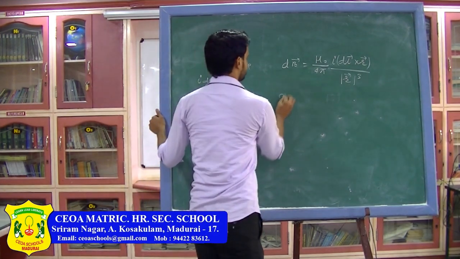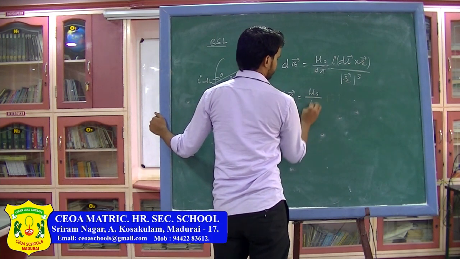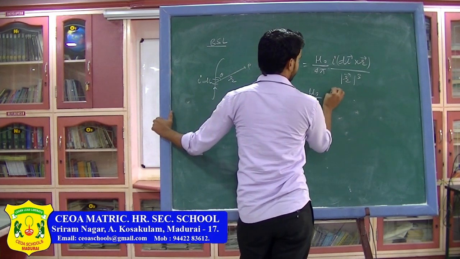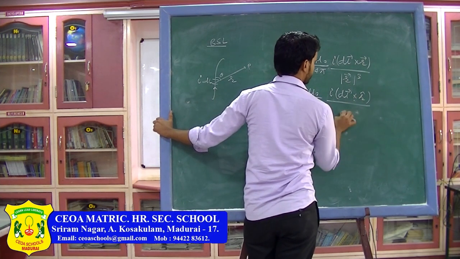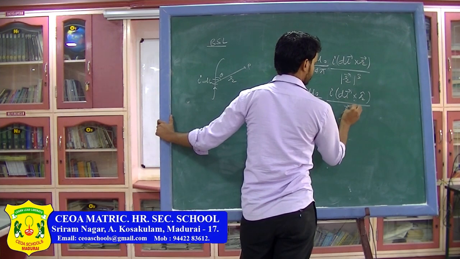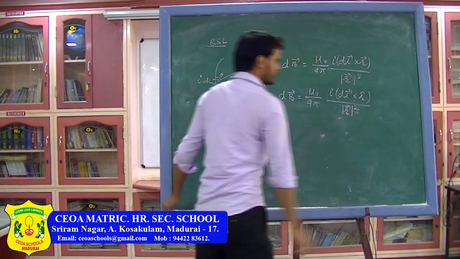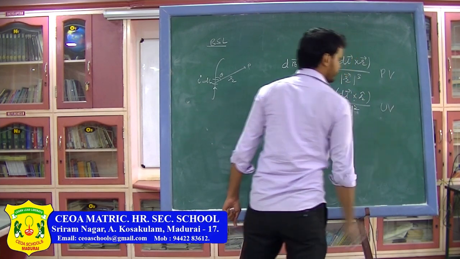The second thing we have done is the unit vector form, which was mu naught by 4 pi, I dl cross r cap, divided by r square. So this is the position vector form and this is the unit vector form.